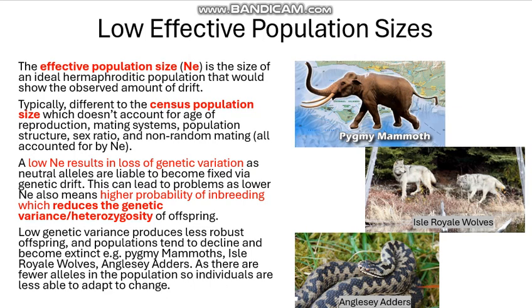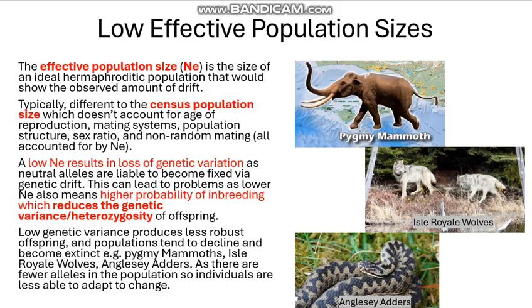There are a few examples that I put on the right here, like the pygmy mammoths, which were a species of mammoth. I think that might be wrong. I think the example I'm thinking of is the Mediterranean elephant, and they became geographically isolated on an island.